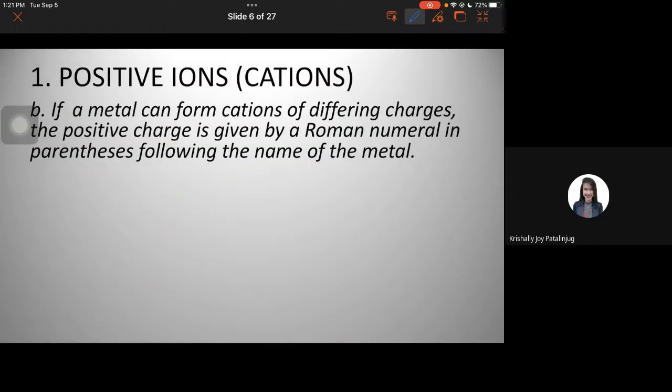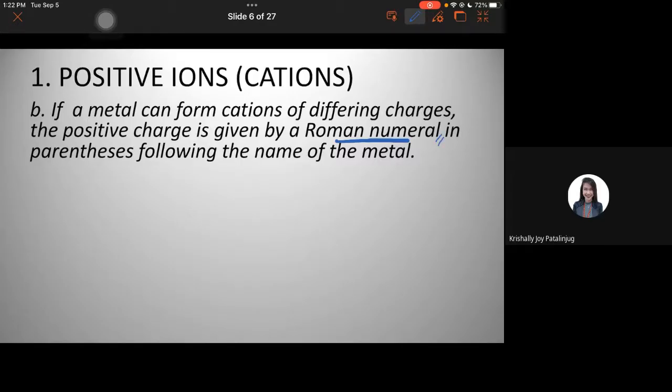Let's proceed to the second type of cations. Upon memorizing the names of cations, you will observe there are certain ions with Roman numerals. Have you observed that? Example, for iron, we have two forms of cation: iron 2 and iron 3, wherein the 2 and 3 are represented with a Roman numeral.